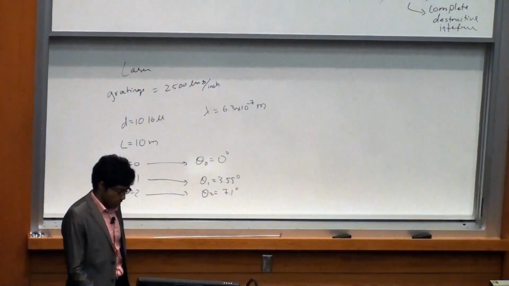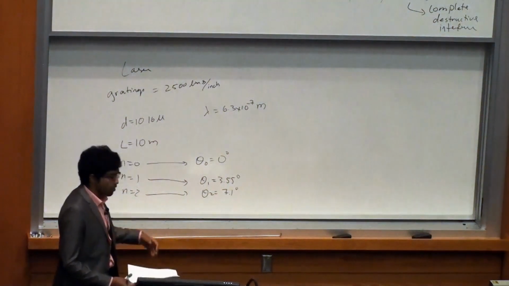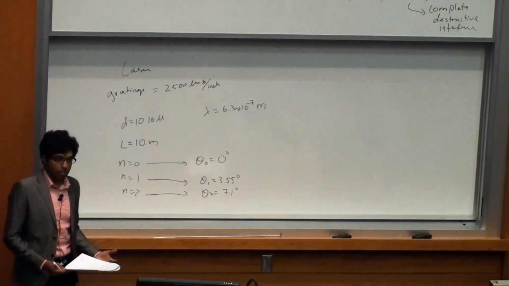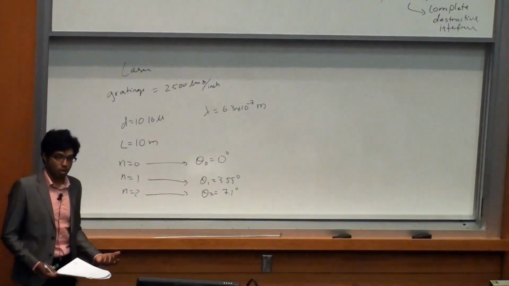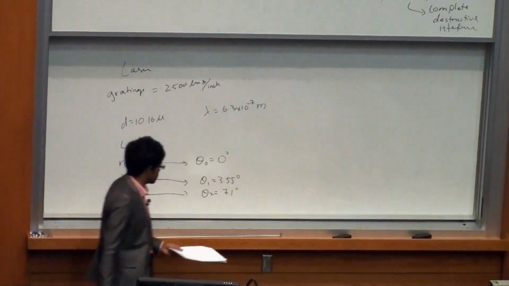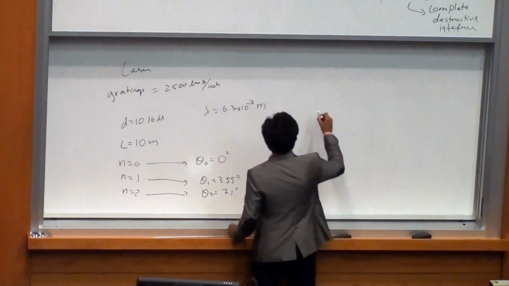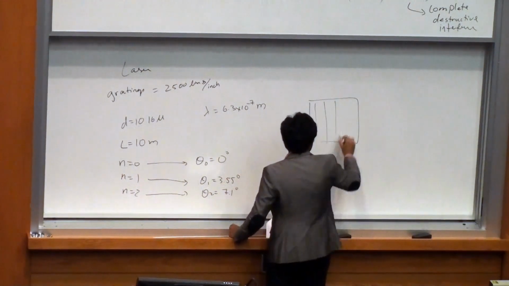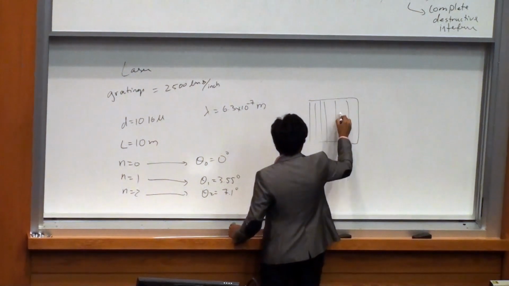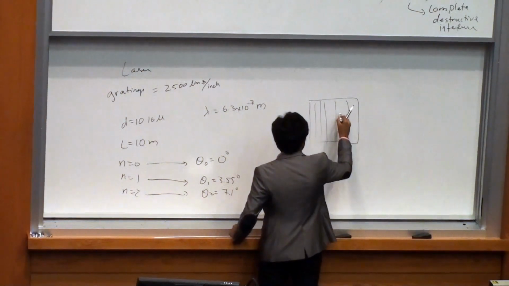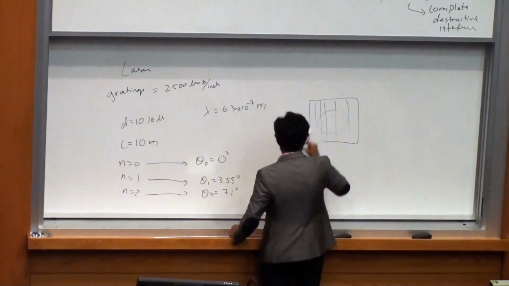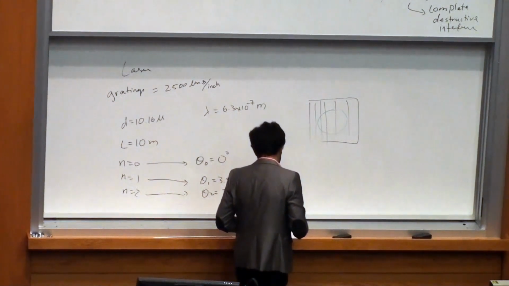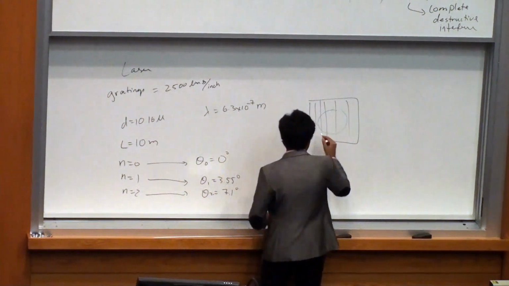Now, if I want to know how wide those widths are going to be, I'll have to know how many slits I'm using. If I have 2500 slits, that's all well and good, but am I actually using all 2500 of those slits? For instance, if I have some grating like this, with a bunch of lines in the middle, maybe my laser is only encompassing a small amount of that. So I have to look at the width of my laser.